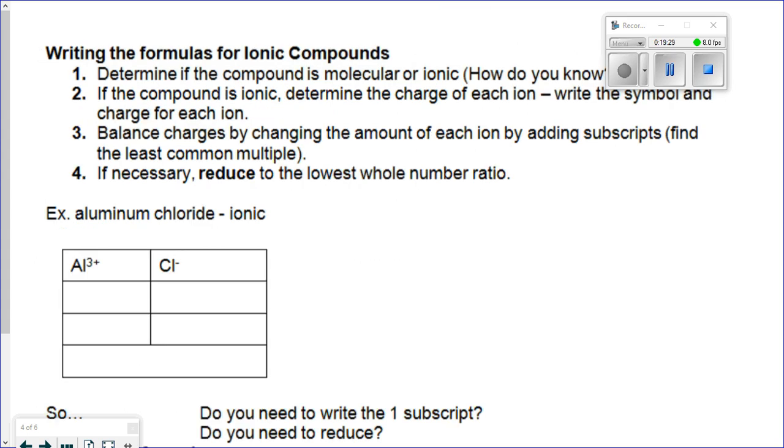So it says determine if the compound is molecular or ionic. Again, we know if it's ionic if it has a metal and a nonmetal. That's how we can tell when it's an ionic compound.